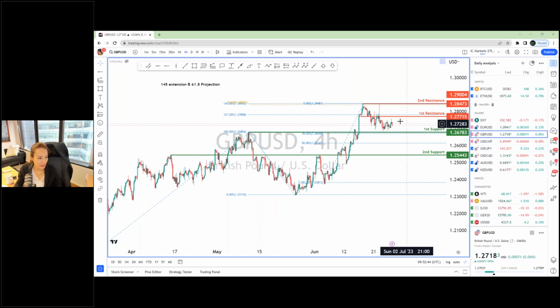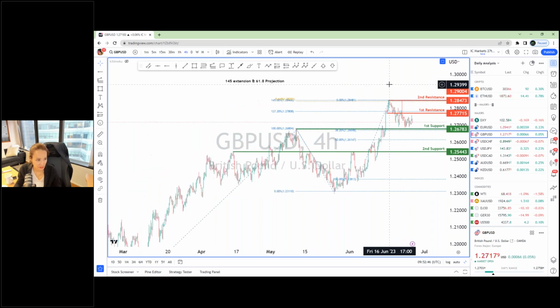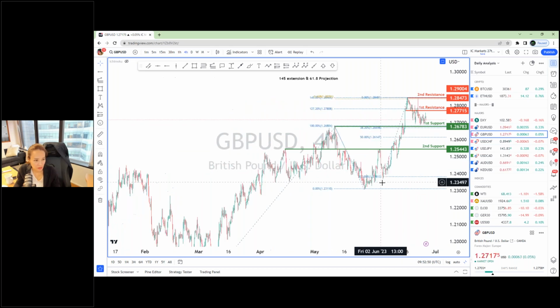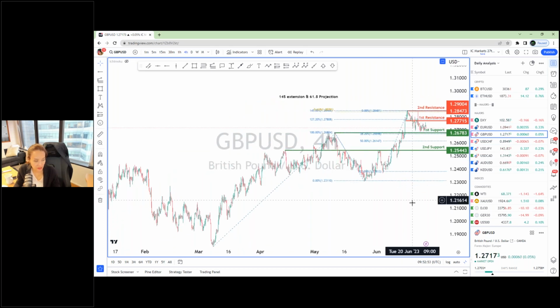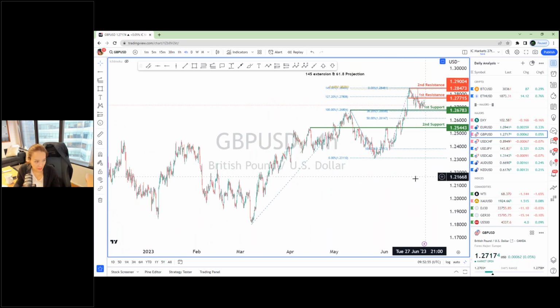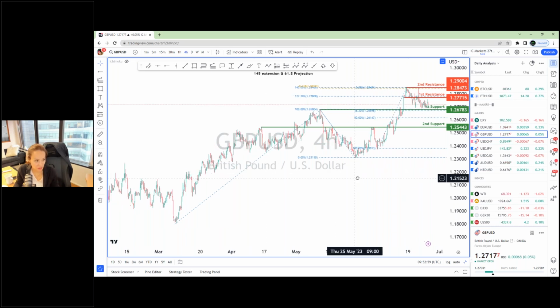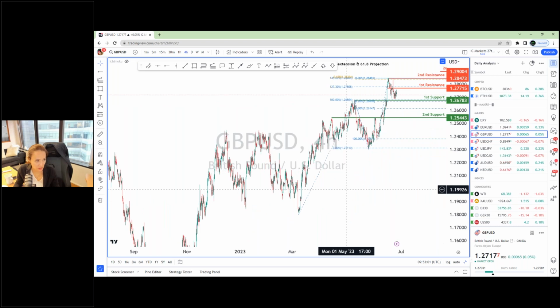Okay, this is how I find the level. So this is the zone. Sometimes if you cannot see the market structures like this, you can just zoom in to see, right?